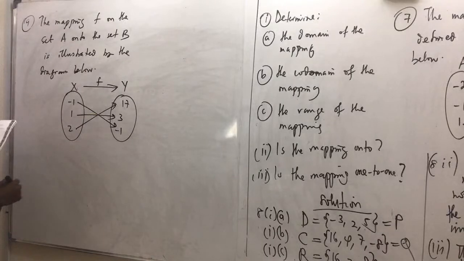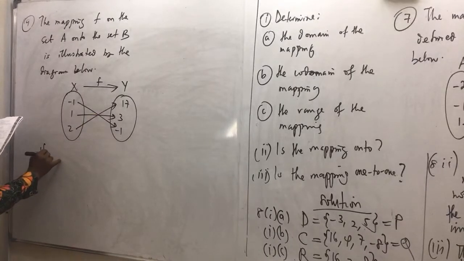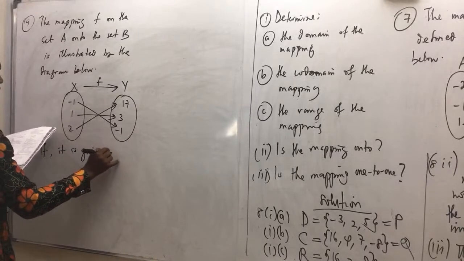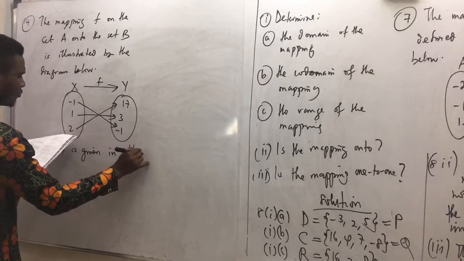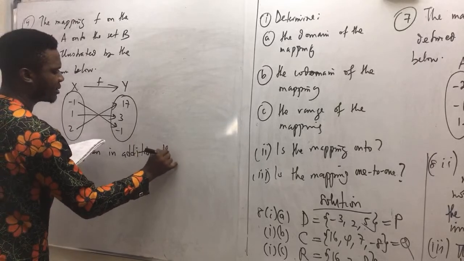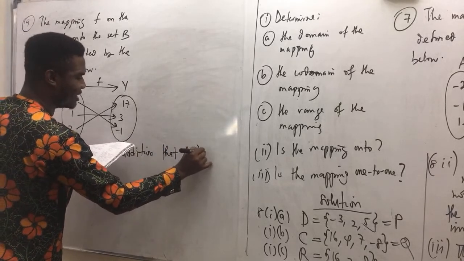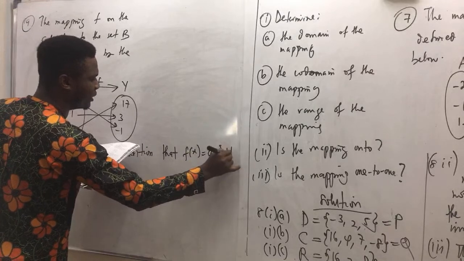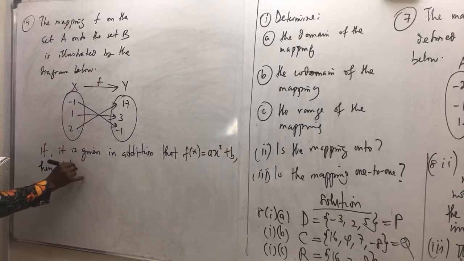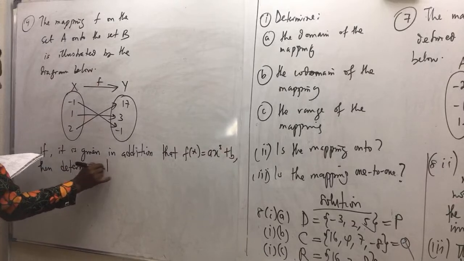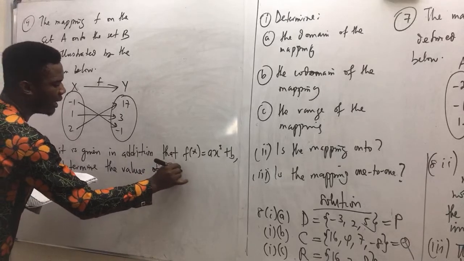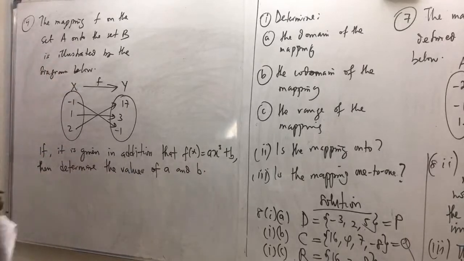Now, the question says if it is given, in addition, that f of x is equal to ax cubed plus b, then determine the values of A and B. Okay?